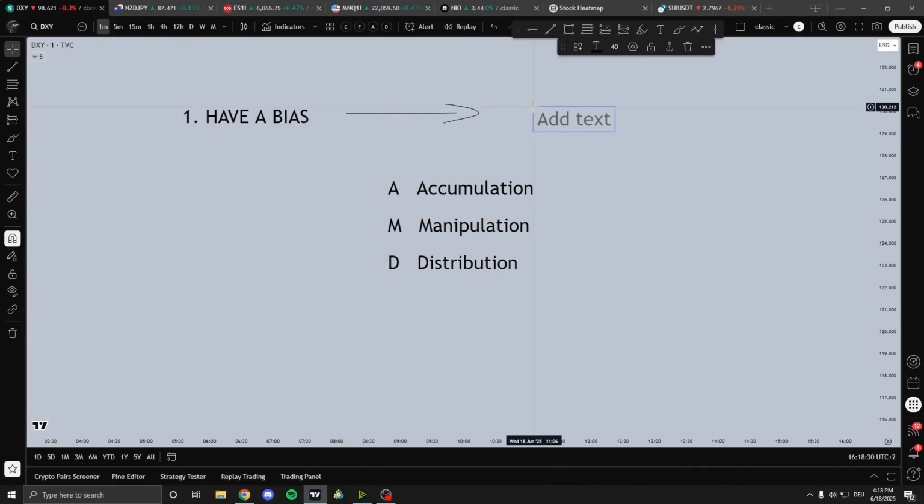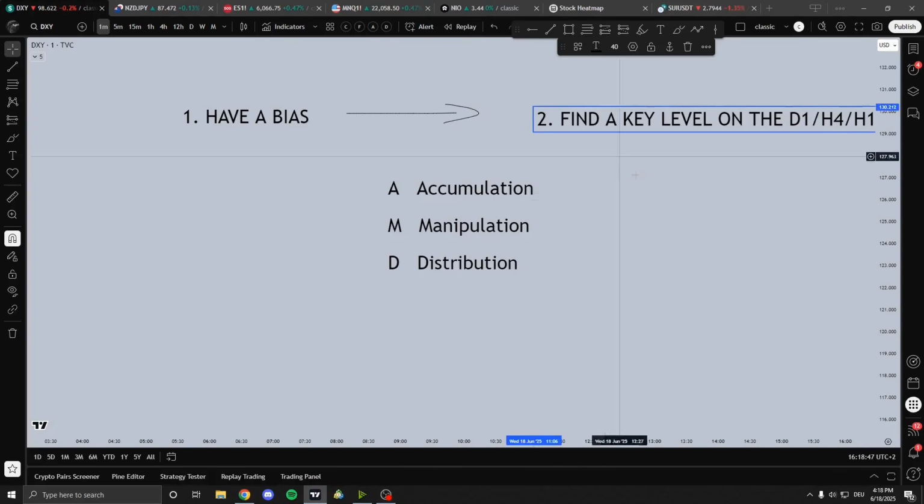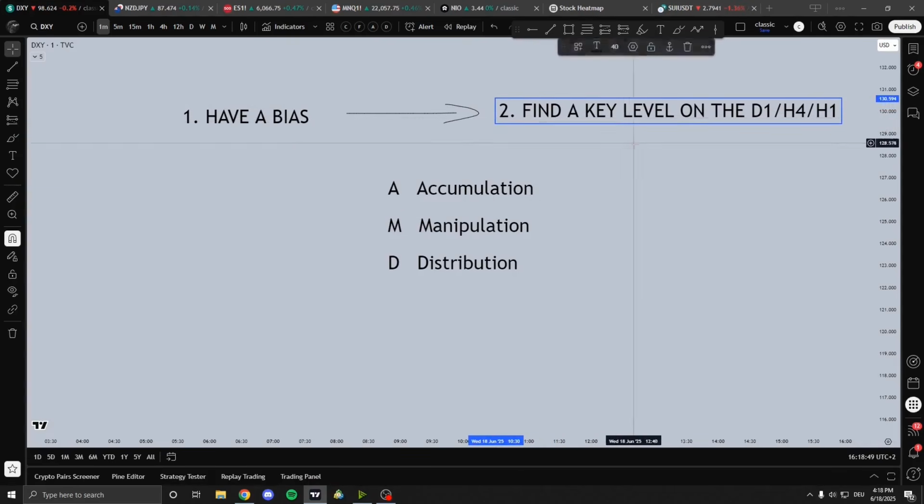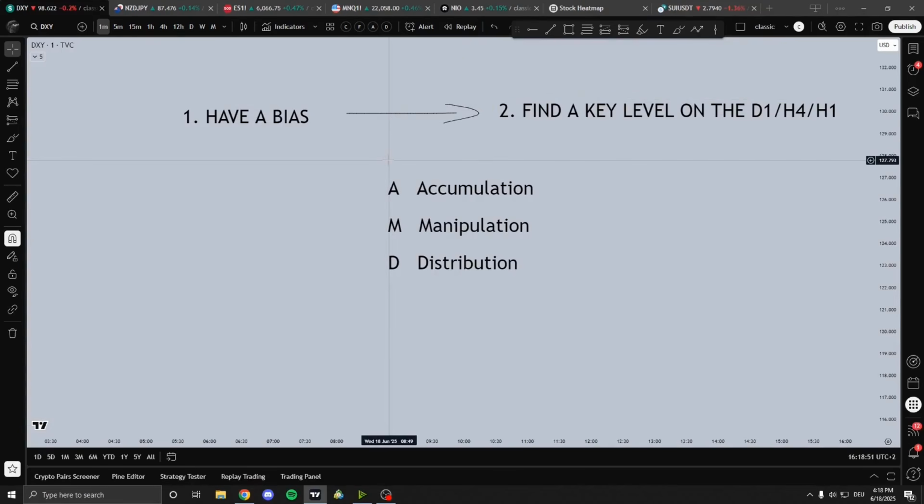Find a higher probability, higher time frame key level. I'm going to use the daily time frame for the key level, but you can also use or refine the daily key level into an hourly or H4 key level. Once you have done those two things, you have the framework to watch out for an AMD.